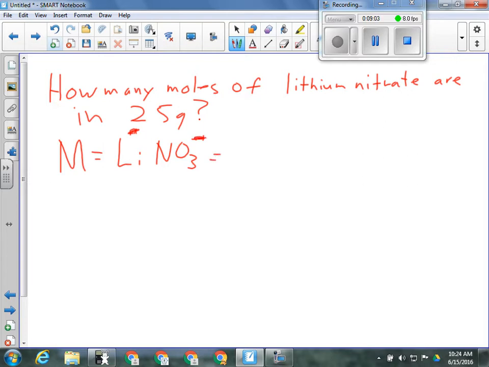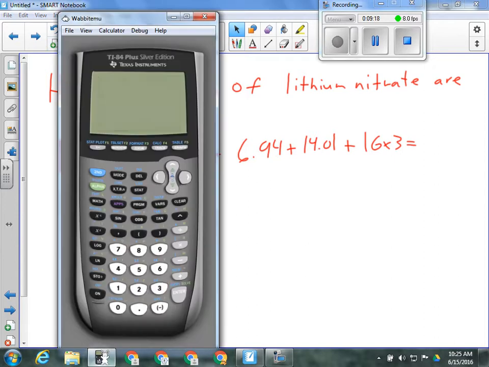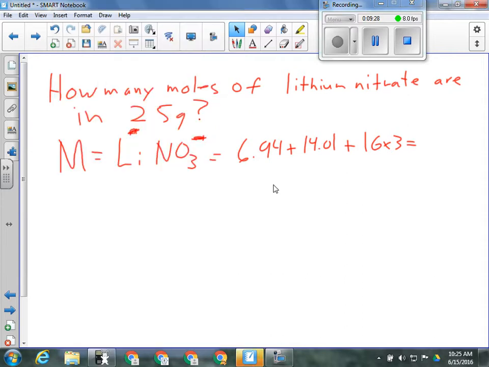Okay, now we just have to plug in our numbers. So, lithium is 6.94. Okay, plus 1 nitrogen, 14.01, plus 3 oxygens. All right, 68.95 is our molar mass.